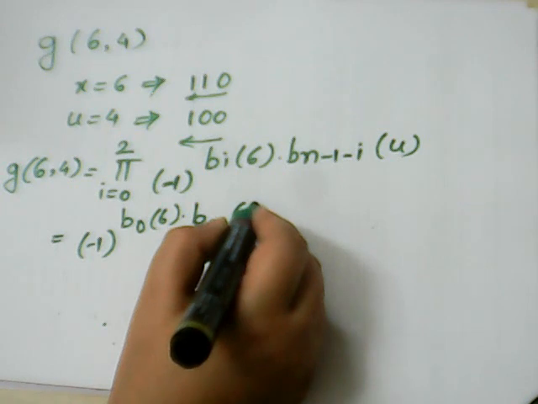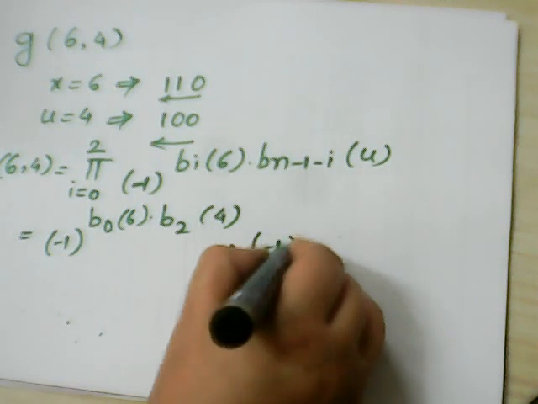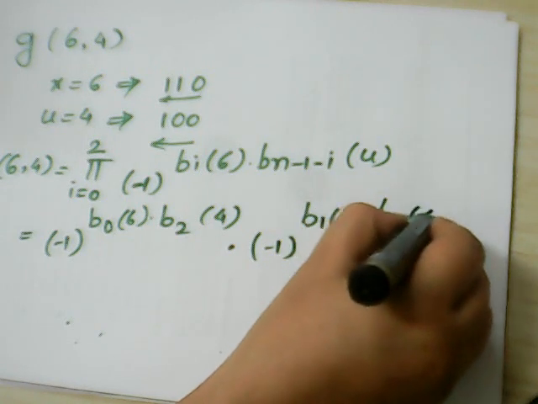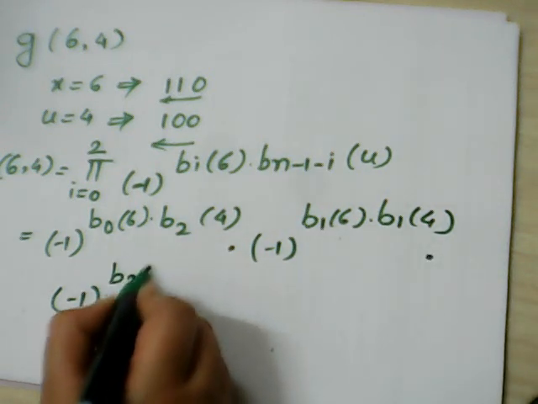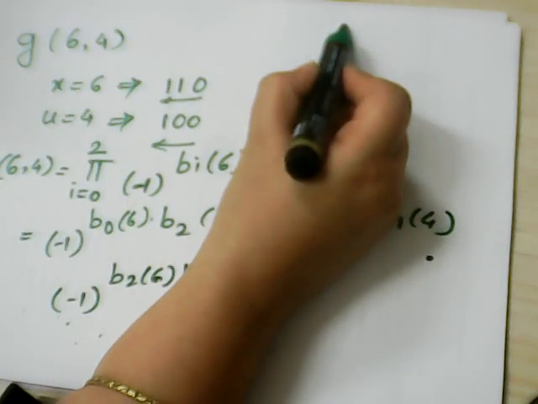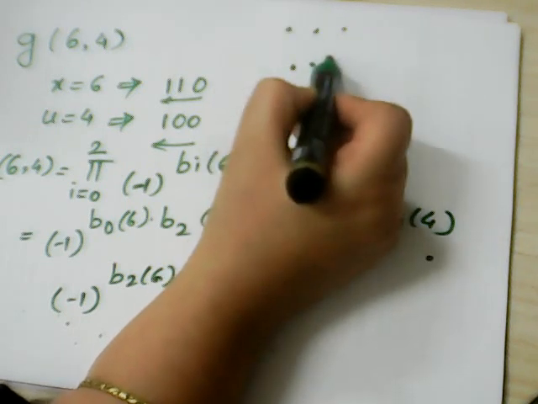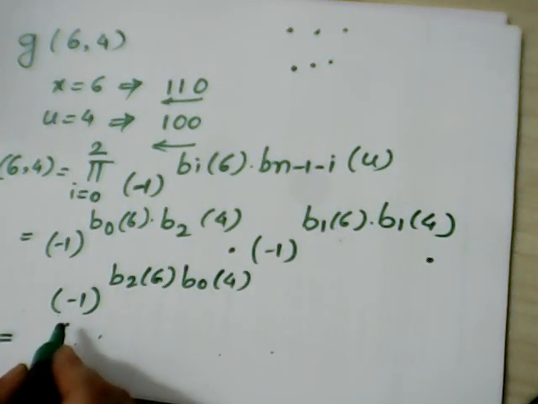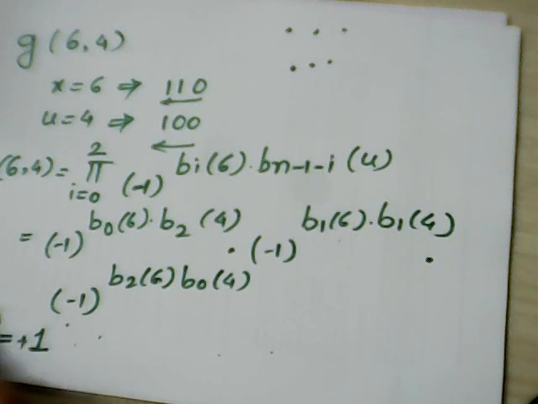Second bit of value 4, into the product, so minus 1 to the power b1 of 6 into b1 of 4, into minus 1 to the power b2 of 6 into b0 of 4. So what is actually happening? We are taking the 0th bit of this, the second bit of this, then first bit, first bit, then second bit, 0th bit, and so on. So do these calculations, multiply, you will get the answer plus 1. So this is coming plus 1, g of 6 comma 4.